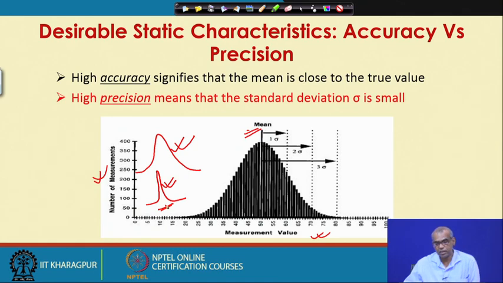So, high accuracy signifies that the mean of the distribution is close to the true value, and high precision means the spread of the distribution is low or the standard deviation is low. If standard deviation is high, it means that the spread of the distribution is high.